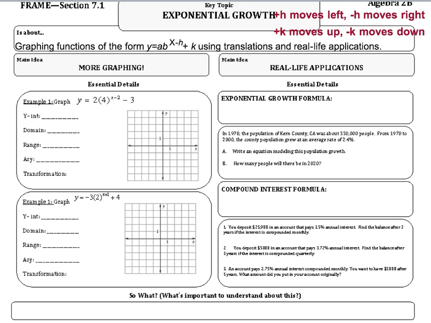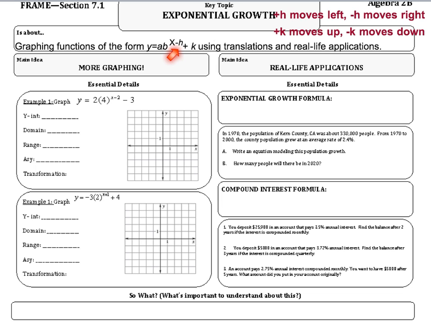Let's look here. So we need to have you add in your "is about" statement for this side. So we've got exponential growth again. This is about graphing functions of the form y equals a b to the x minus h power plus k. This minus h and plus k should look familiar because in Algebra 2a, you did movements like this with absolute value functions, and I think also with quadratic functions.